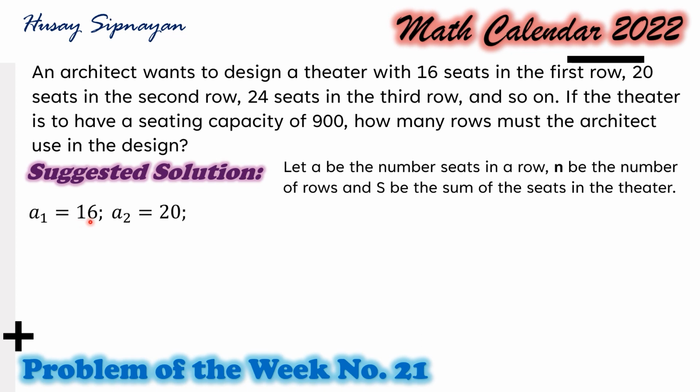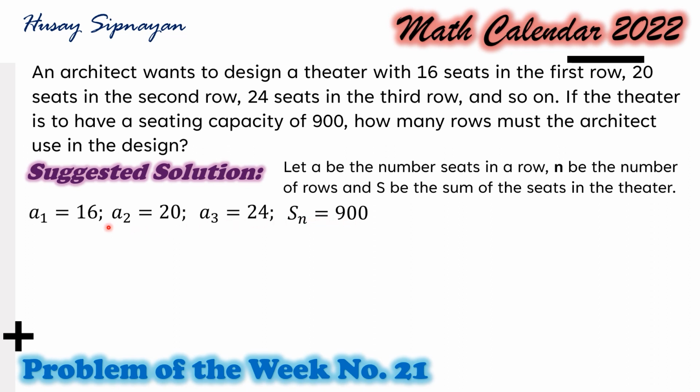On the second row, A sub 2, we have 20. And on the third row, we have 24 seats. Also, we are given the seating capacity. That means the total number of seats in the theater is 900. S sub n is equal to 900.